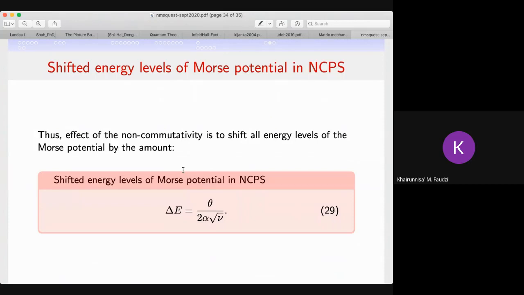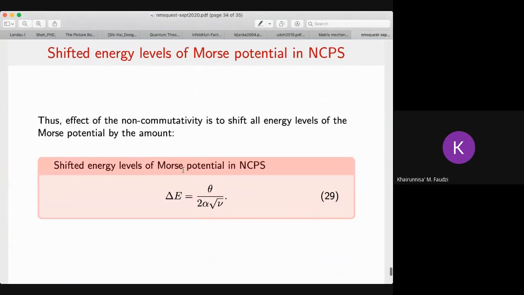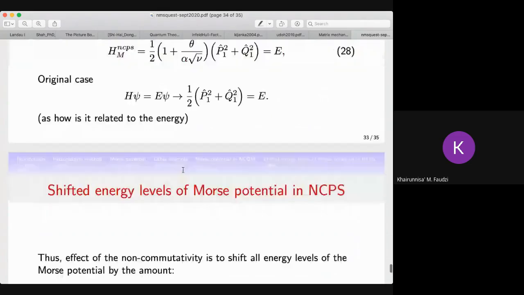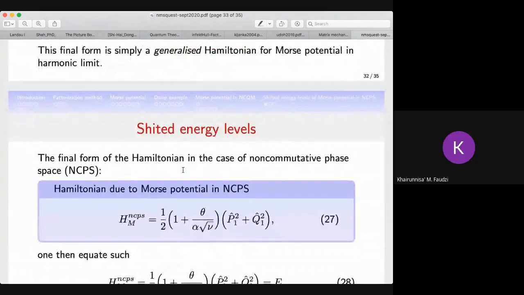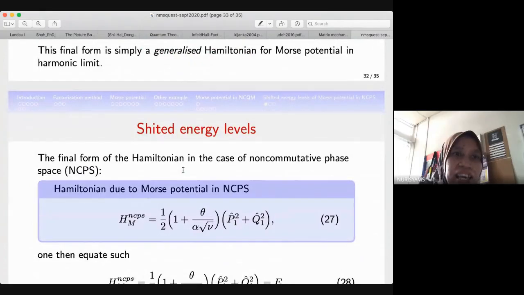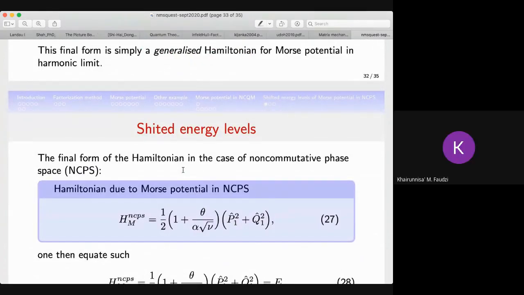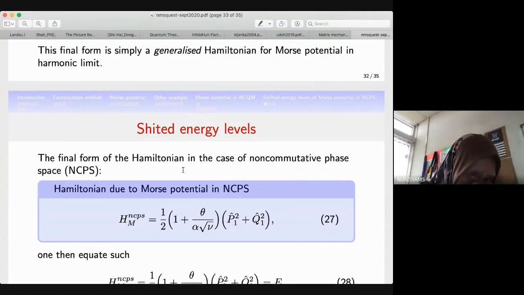Why did Dr. Nurisya not solve the Morse potential itself? I mean, why do you apply the limit? Because according to the paper, he used a ladder operator to solve the problem. Yes, but we can have deformations.